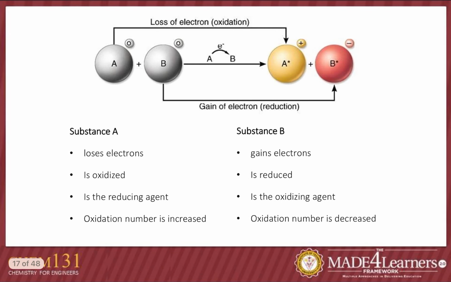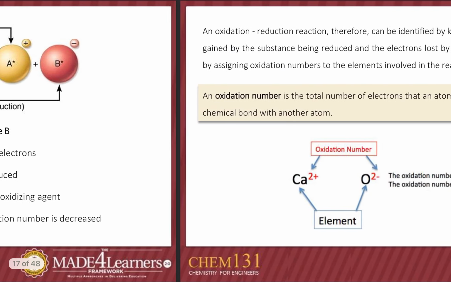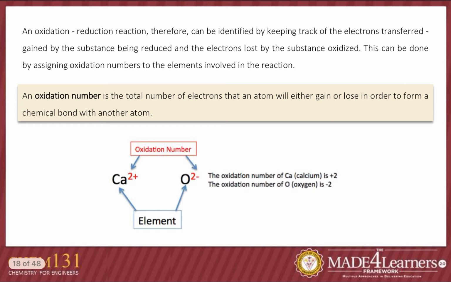So this is just a summary of everything that I said a while ago. Okay. Now, an oxidation-reduction reaction, therefore, so ano to pagkahibaw nga redox reaction, dito ang nahitabo, ang chemical reaction. We can identify it by how? By keeping track of the electrons transferred.